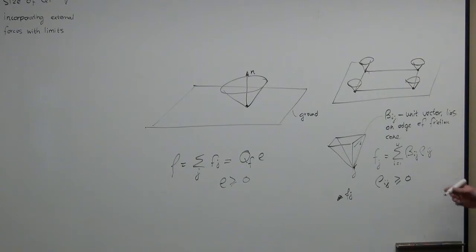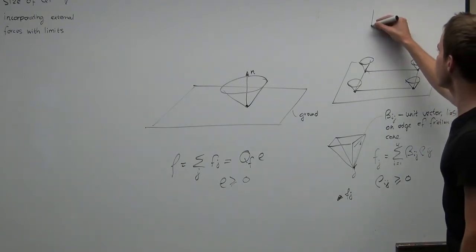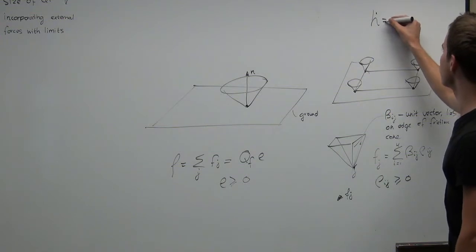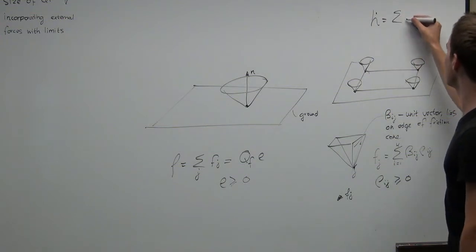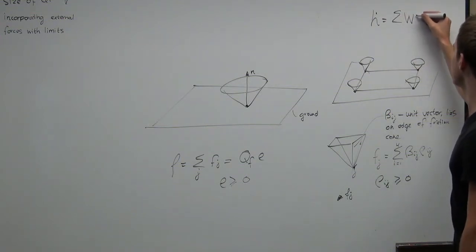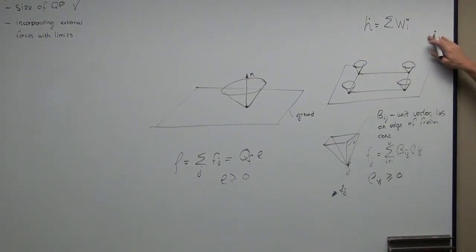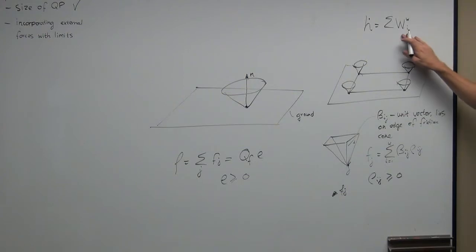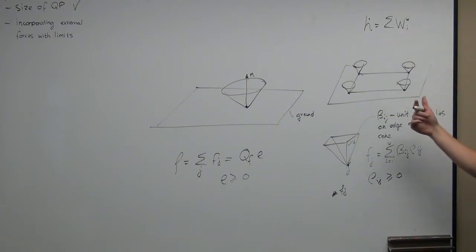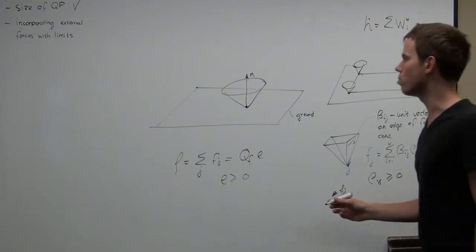So we had h dot equals the sum of the wrenches, W. These wrenches have a force part and also a torque part.